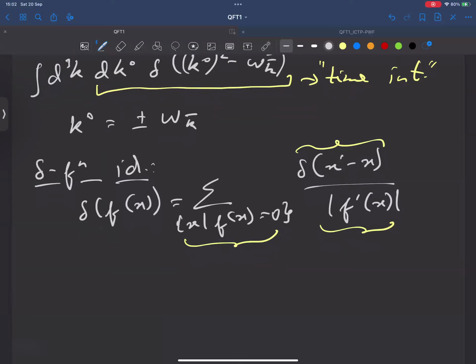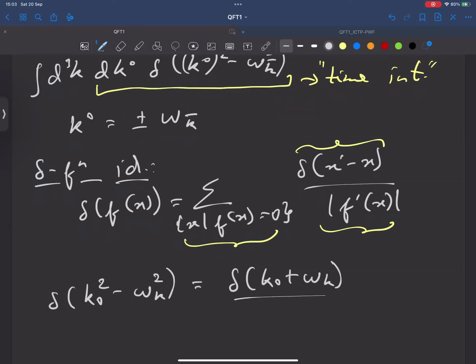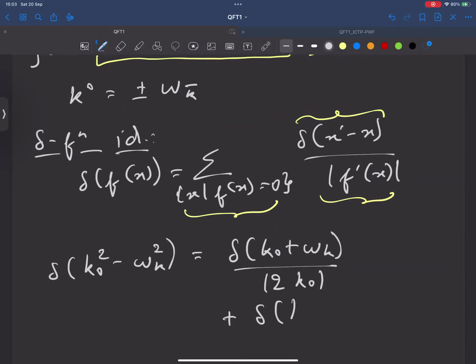So with that identity, what we can do is break down this piece k0 square minus omega k square as delta of k0 plus omega k over 2 mod omega k, 2k0, plus the other root, k0 minus omega k over 2k0.